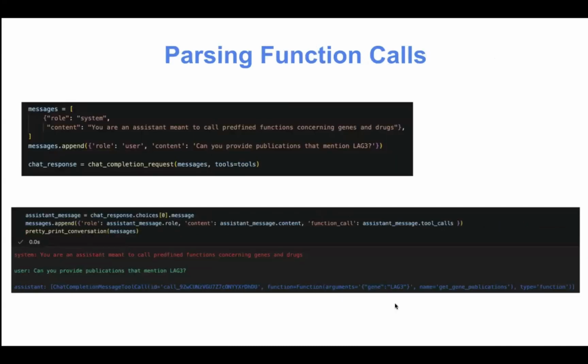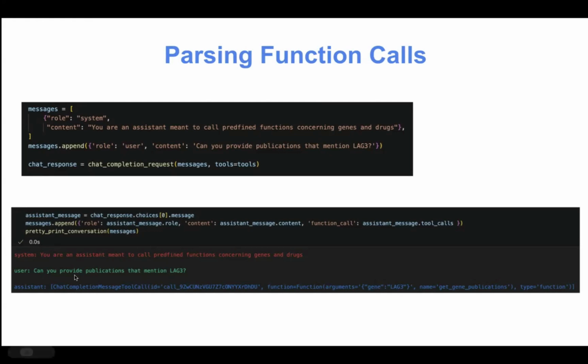Now we can actually pass this to our chat completion request. We're still on that same endpoint, and it has an optional parameter to pass a list of tools. So we've passed it that list of tools, and we've asked, can you provide publications that mention lag3? We're just using some color to define which type of message this is.